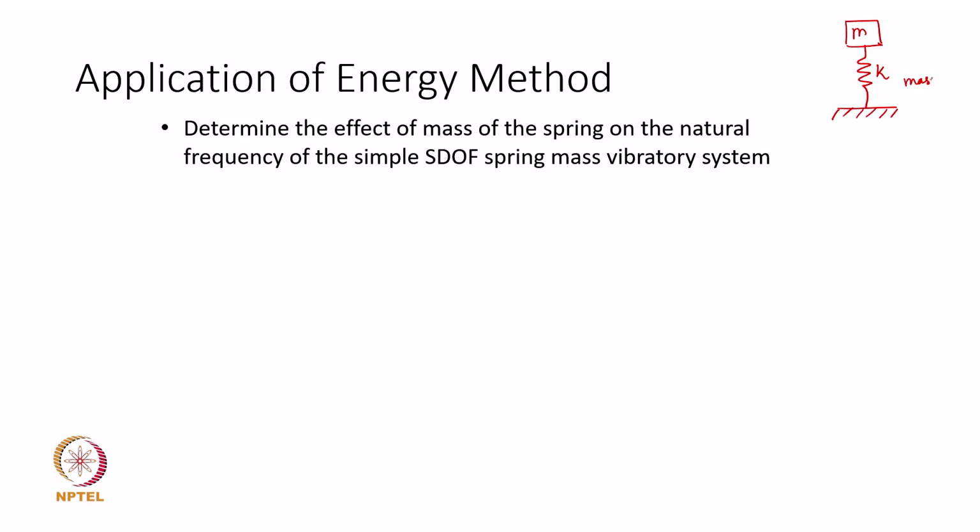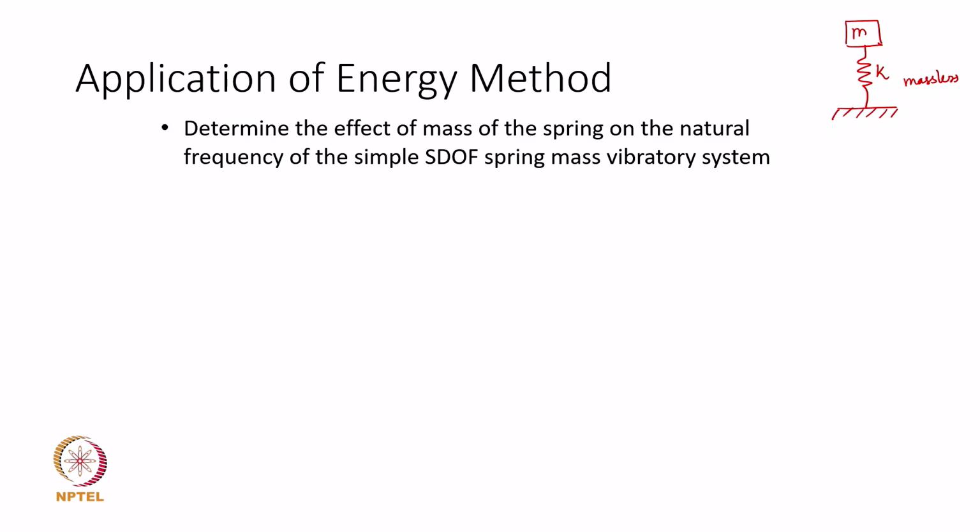So, we always say that the mass supported by the spring is heavy enough, or much higher in terms of its inertia, compared to the inertia of the spring itself. In that situation, many times the contribution from the spring mass may not be significant, and the natural frequency obtained may be accurate or practically quite close to the real value.